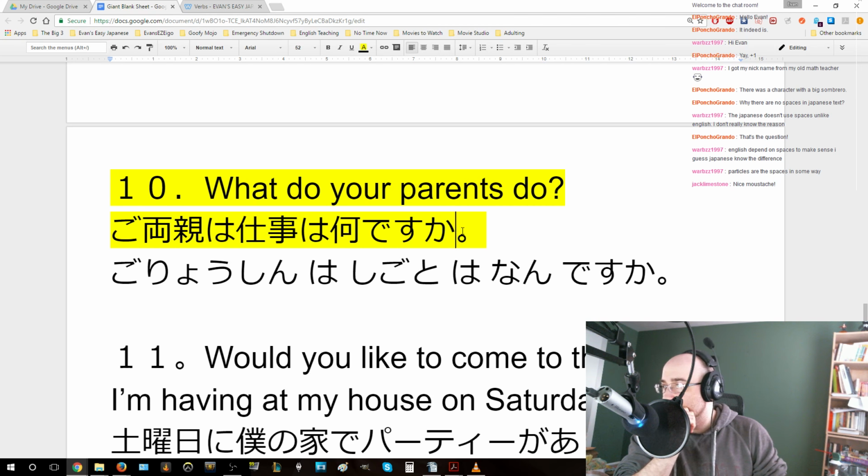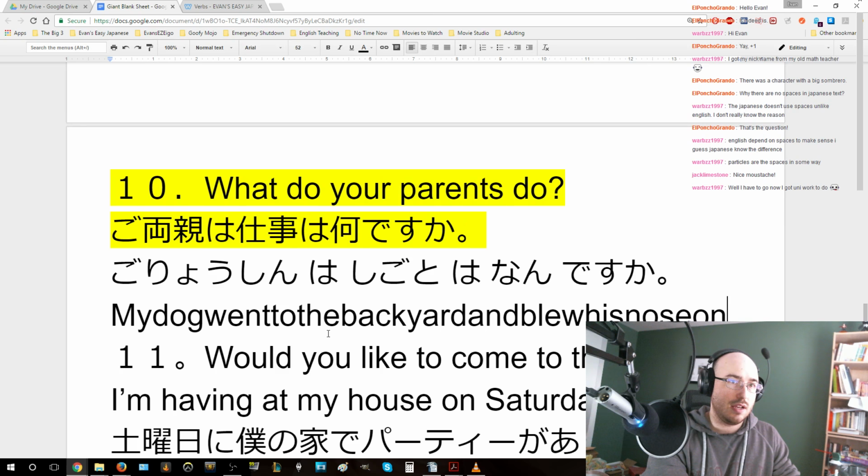English depends on spaces to make sense, I guess. Yeah, in English we need the spaces because, look at this sentence. My dog went to the backyard and blew his nose on a poo.